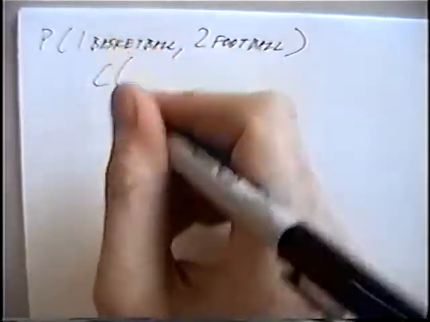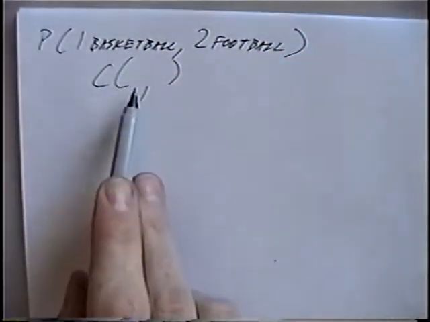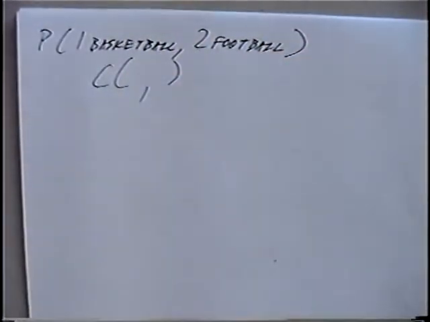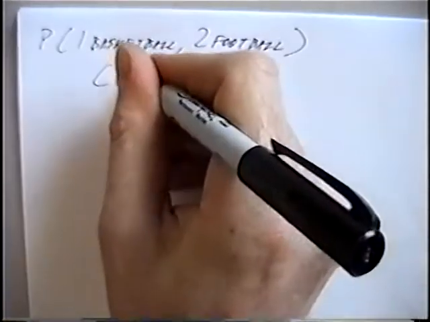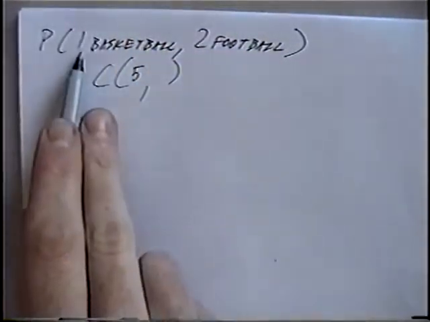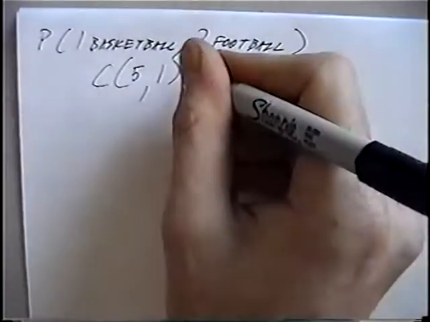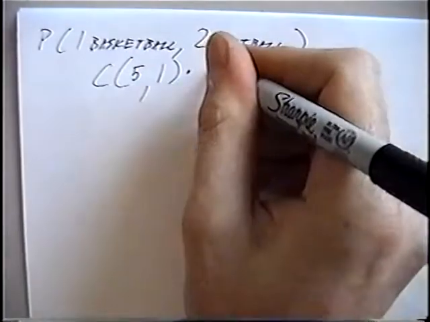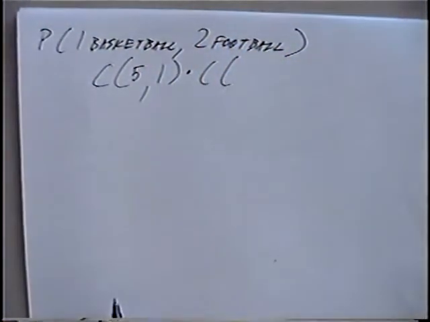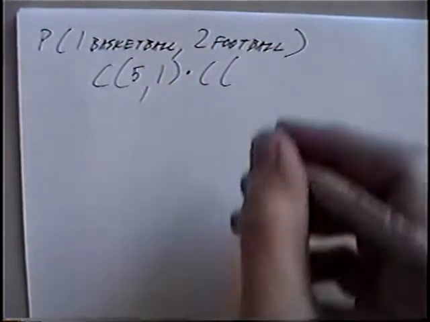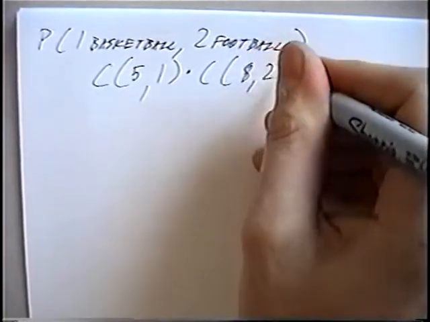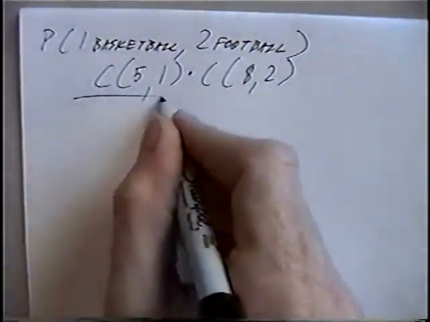If we do basketball first, it'll be a combination. The first number is the total number of basketball cards. Looking back at the word problem, that would be 5, and we want to choose one of those. The second event we'll multiply by to find the total number of ways to get basketball and football would be a combination. The football cards, there are 8 total, and we want to pick out 2 of those.